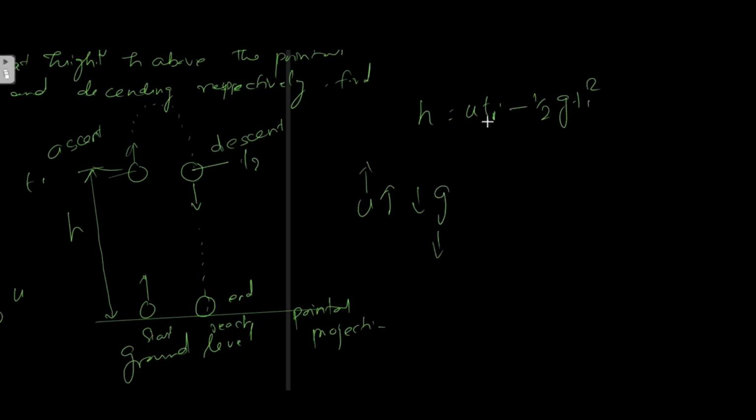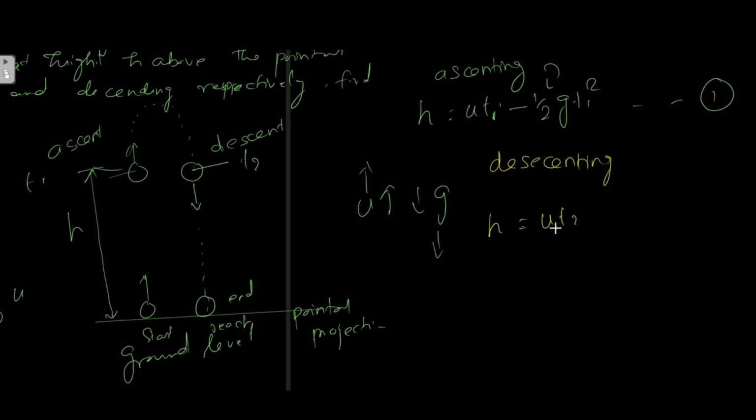So I'm using the same equation with u and g. Use vector sign: initial velocity plus and gravity minus, because they are anti-parallel vectors. This is equation 1 for the ascending case. The second equation is for the descending case. Here also the height is h, and the initial velocity is u at time t2 in descending.